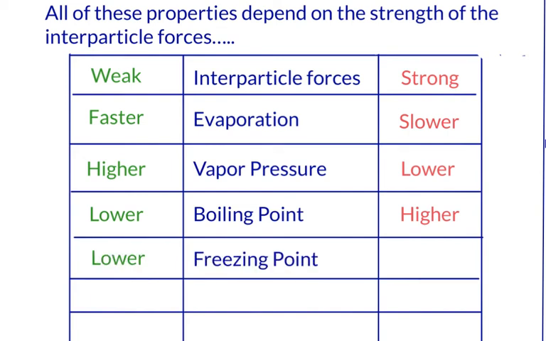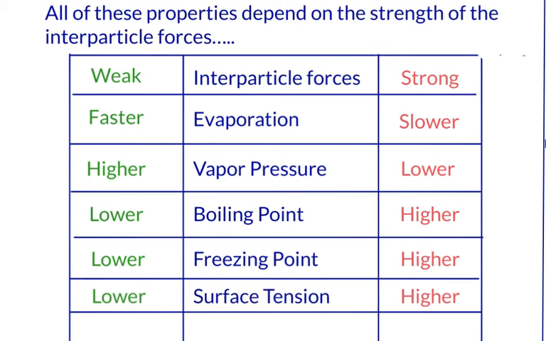The freezing point will be lower for substances that have weaker interparticle forces. It's harder for them to bond together. The surface tension will be lower for substances with weaker interparticle forces because they're not going to be holding together as tightly, and the viscosity will be lower for substances that have weaker interparticle forces because they will not be holding together as well either.